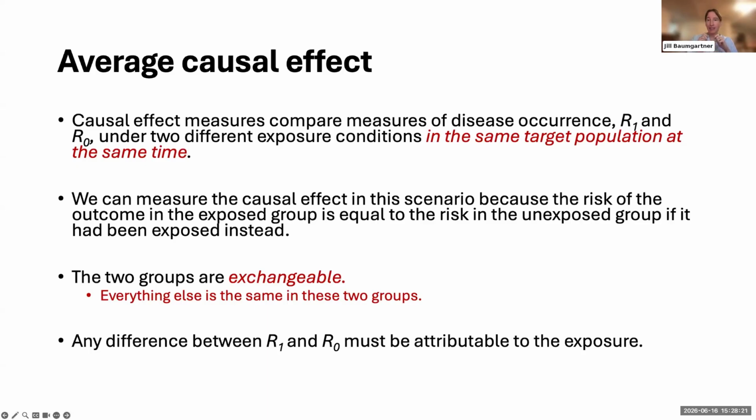This means in expectation, the exposed group is comparable to the unexposed group and what they would have looked like had they been exposed instead, right? Everything else is the same between these two groups except the wildfire event exposure, because everything else is held constant. So then we can attribute any difference between our exposure scenario, our R1 and R naught, to the wildfire.